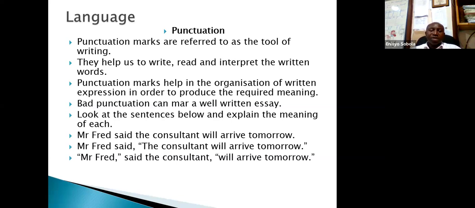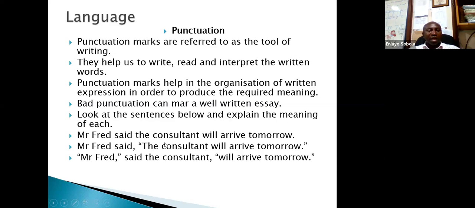Like the example I have here: Mr. Fred said the consultant will arrive tomorrow. We can say that somebody says something. But if you are putting it in position and breaking it down more, we say that Mr. Fred, comma, starting with the quotation. Mr. Fred said, then the consultant will arrive tomorrow.